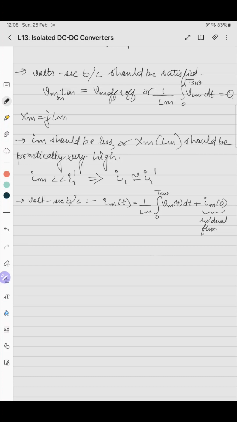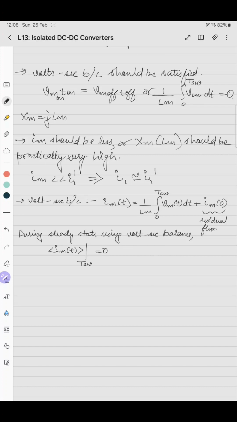So what happens is that during steady state, using volt second balance, the average value of Im of t over a time period of the entire switching cycle is 0.